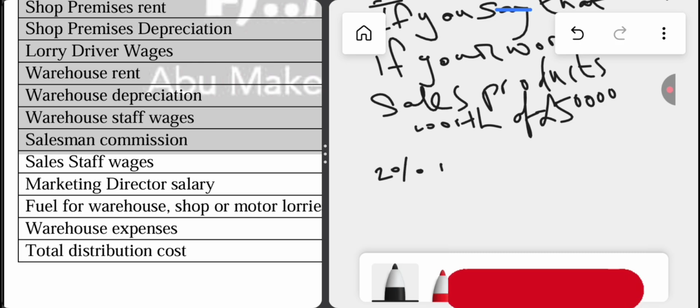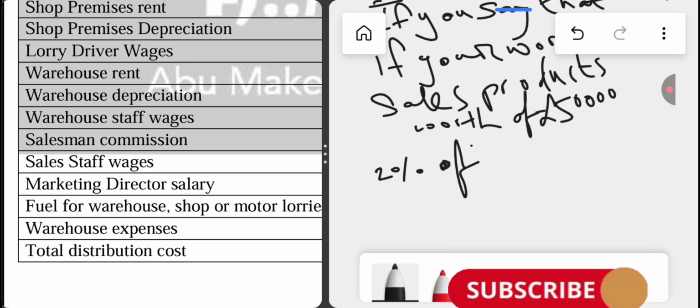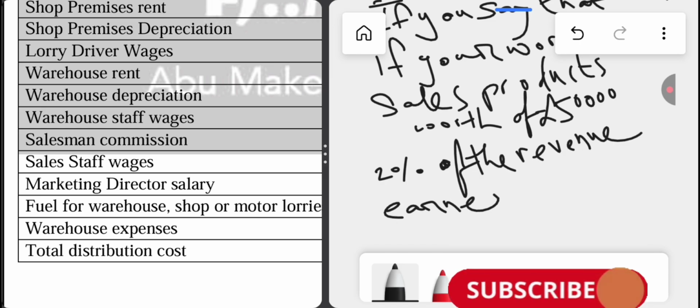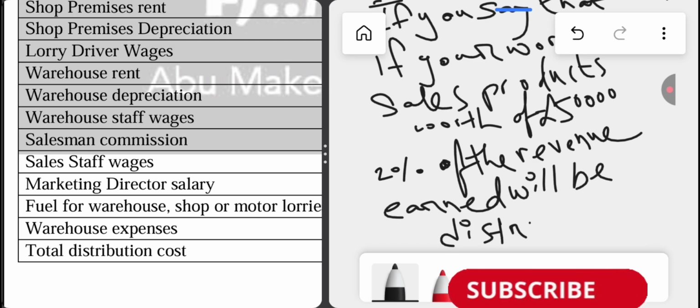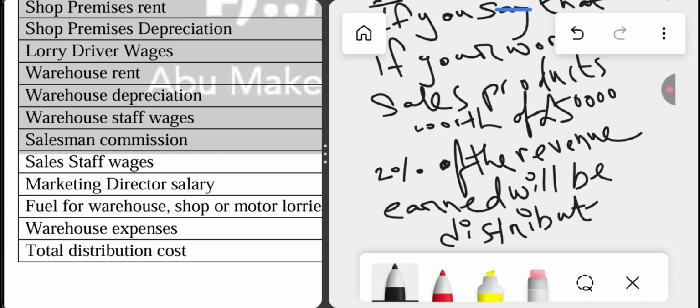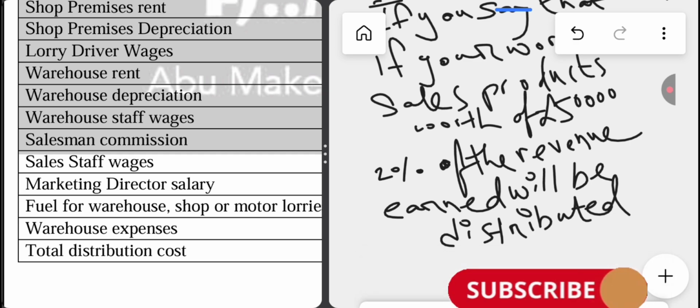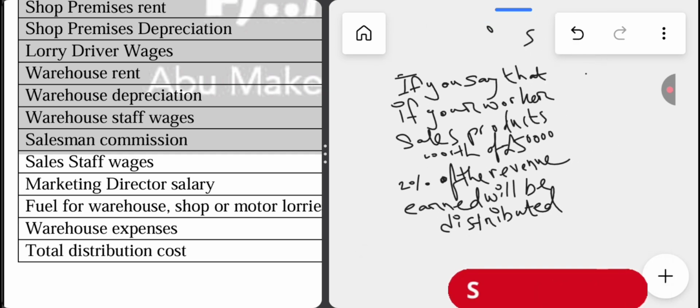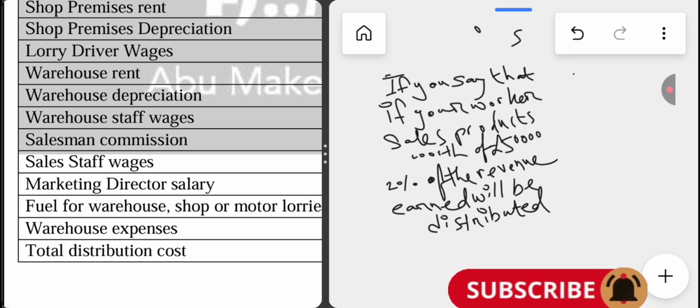If you say that your worker sells products worth 50,000, 2% of the revenue earned will be distributed.